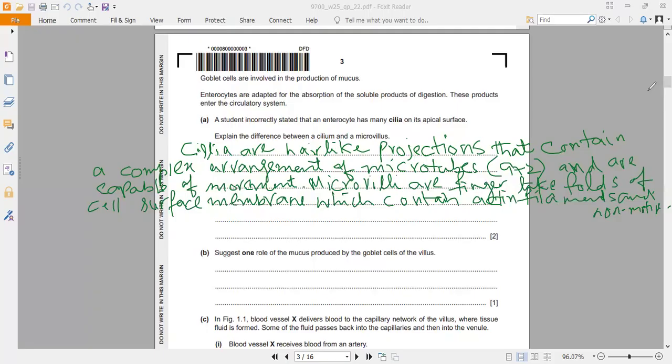And the function: microvilli increase the surface area for absorption.